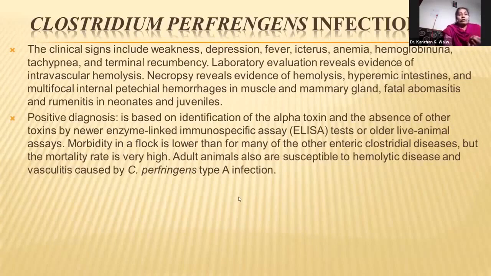So for positive diagnosis, you can go for isolation of the toxin with the help of the ELISA test. Alpha toxins you can easily make out with this ELISA test. And you can also go for molecular techniques. Molecular techniques are very common these days, and they are very precise and very sensitive.